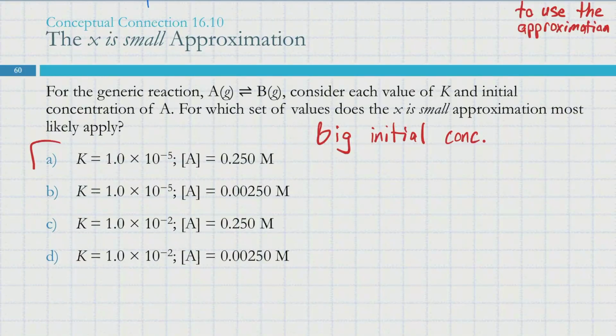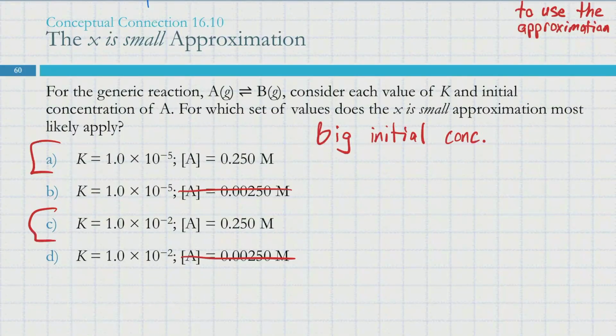So that's going to be either A or C. So that leaves us two choices for K values. Is a big K value or a small K value going to favor? Small.